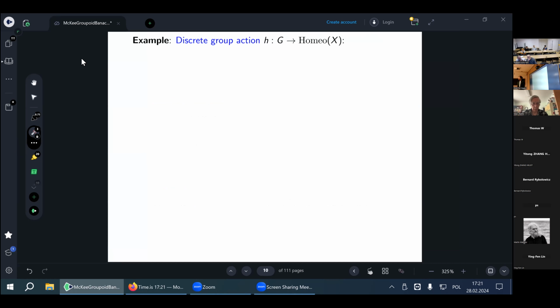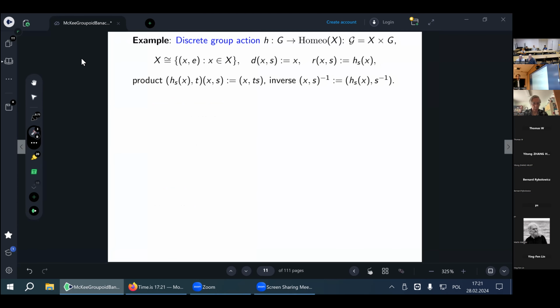So if you're like me and you come from group actions, then this is the prototypical example of an action of the group G on the topological space X by homeomorphisms. Then my groupoid is just the Cartesian product of G with the base space X. Units are included as pairs where the group element is the identity element.